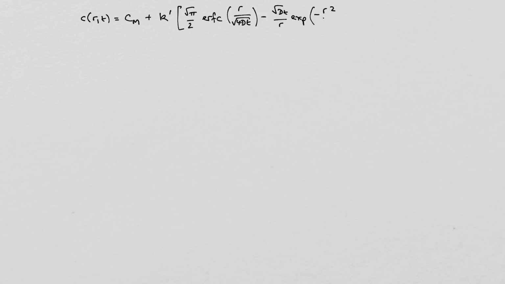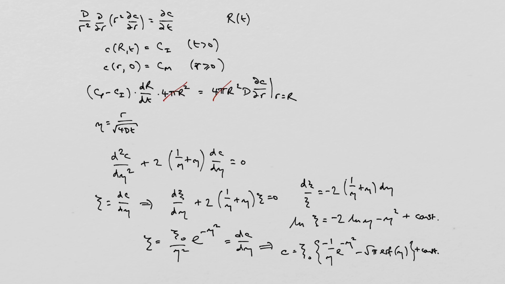So we guess, and maybe someone deserves a little bit more credit for this one really, we'll take our matrix concentration again, substituting back. Okay, look back at here, you see that in this solution you've got one bit which is like a Gaussian with a 1 over eta, and one bit which has the error function.